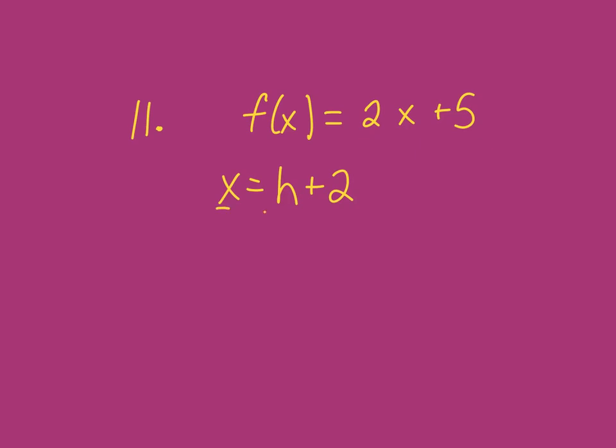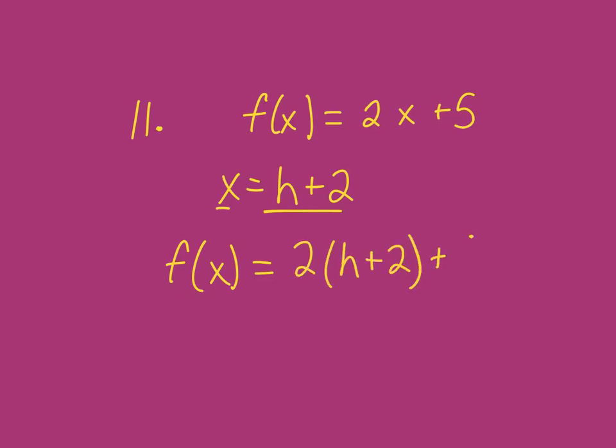If x is h plus 2, well, if I said x was 4, wouldn't you just plug in 4? So you're just going to plug in. F of x equals 2 times h plus 2, plus 5.